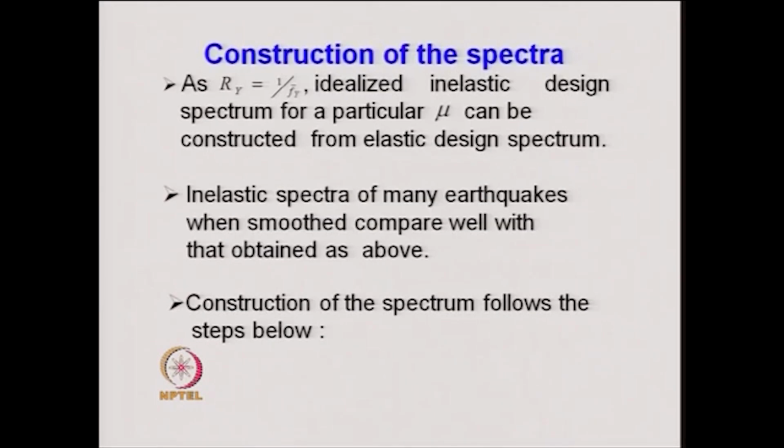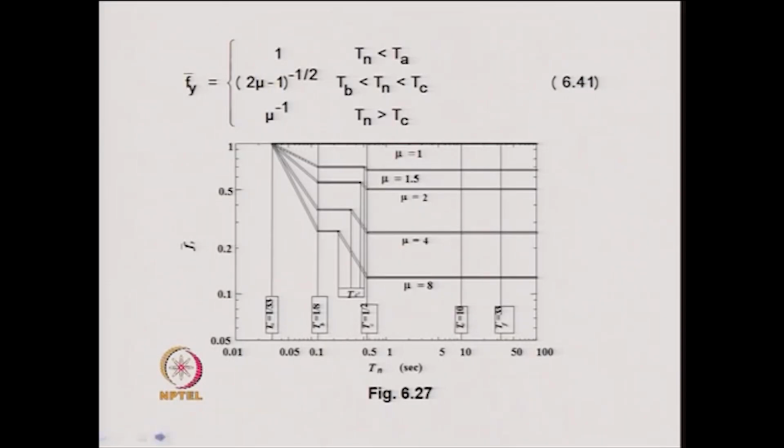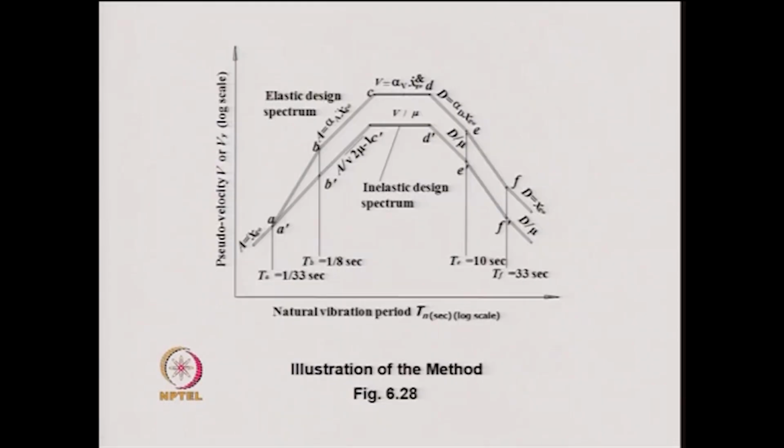Similarly, if we look at the value of f bar y for a time period T n greater than T c, the factor is 1 by mu. Thus, the reduction factor will be mu, that is, the values of the elastic strength or elastic spectrum must be divided by mu. So, that is what is done over here in this spectrum.